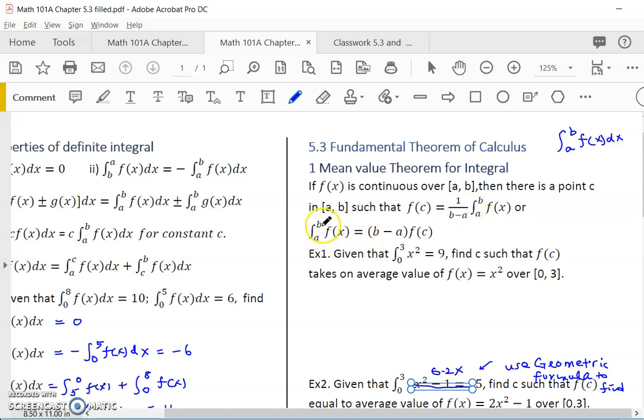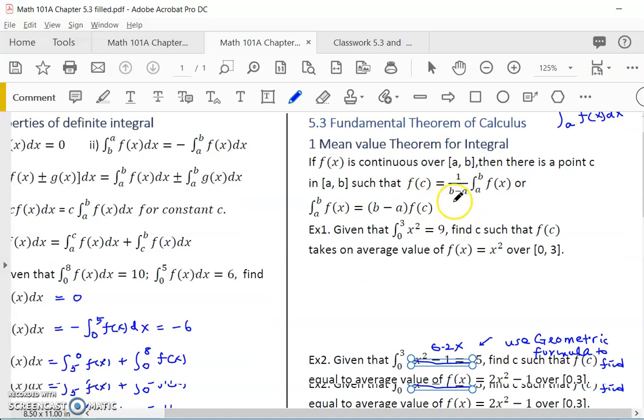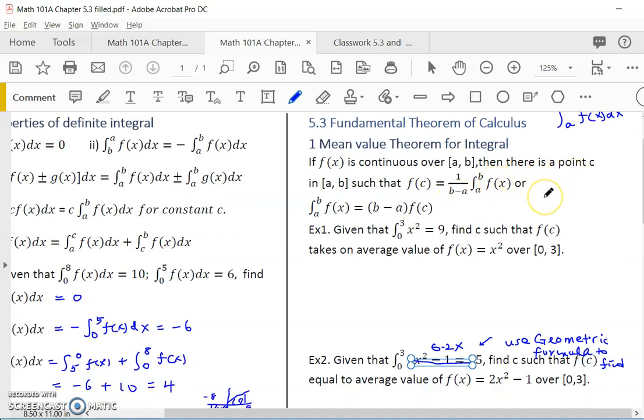Or you can rewrite it as: the integral from a to b of f of x, the signed area under f of x, is equal to b minus a multiplied by a particular f of c. To prove it, we use the extreme value theorem, which guarantees that if f of x is continuous over a closed interval, there is an absolute maximum and minimum.